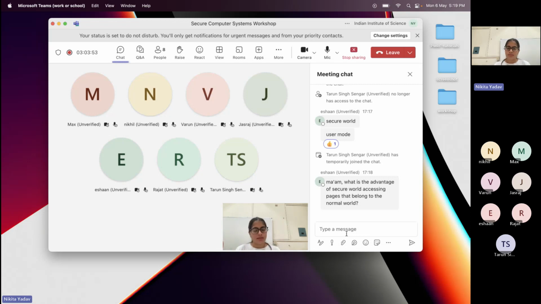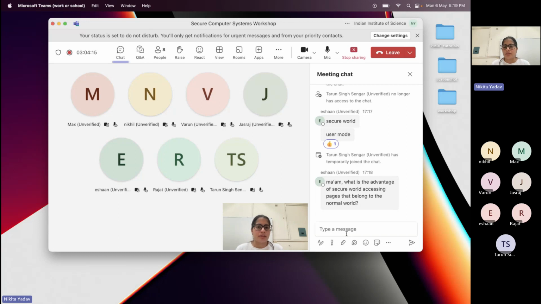Another thing is that if you want to pass some data from the normal world to the secure world, the secure world can go and read it directly.